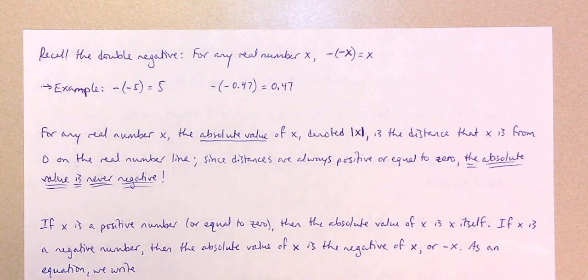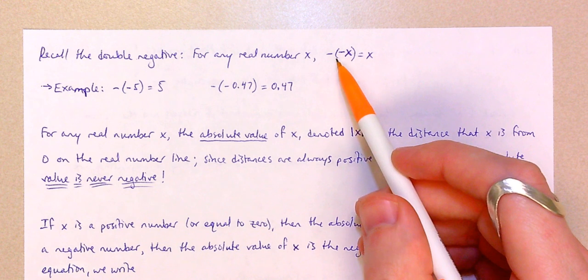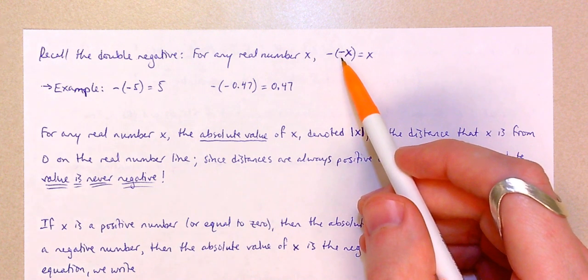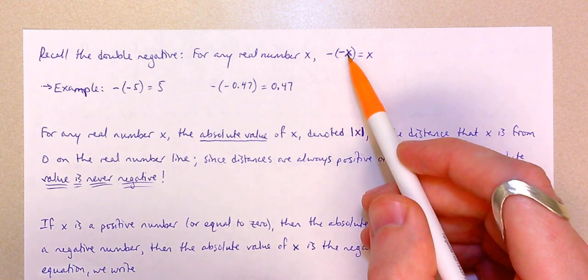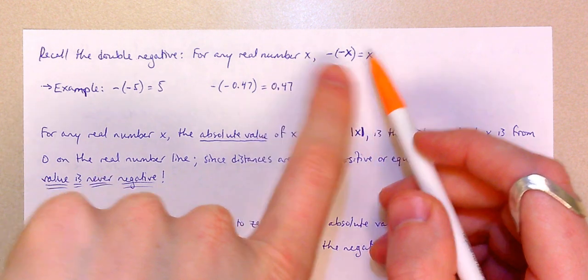A key property to keep in mind or to recall about numbers that are negative and negative signs. The double negative, which means that if you do minus some number, these minuses multiply out to a plus.